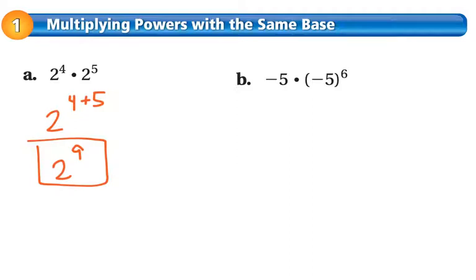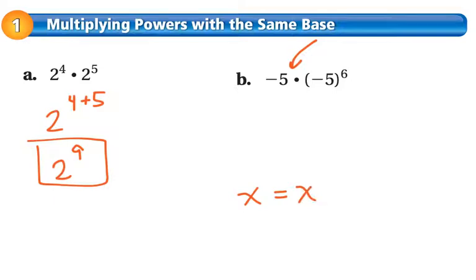For part B, we would take negative 5 times negative 5 to the 6th power. This one looks a little bit odd because I thought we were supposed to add exponents together, but where's the exponent here? This is why it's important to remember that every base, whether it's 1, 2, 5, 10, x, or anything else, always has an exponent, but it's just not always necessary to write one.